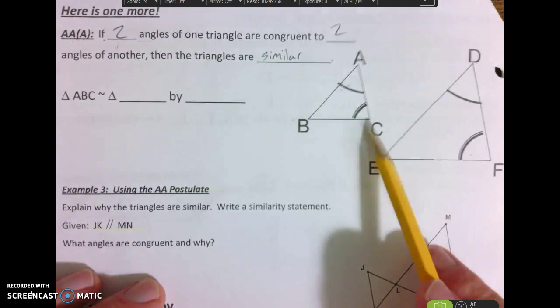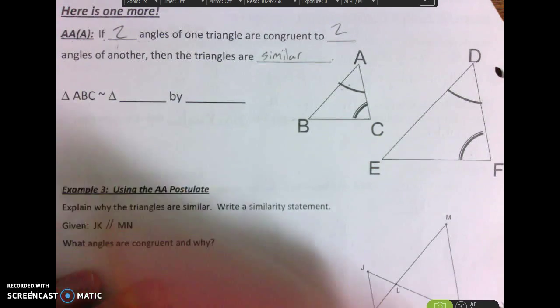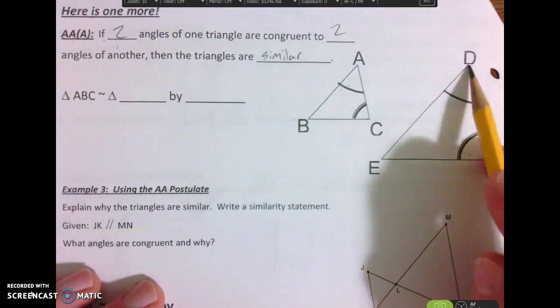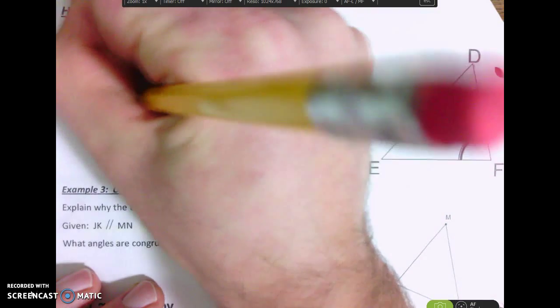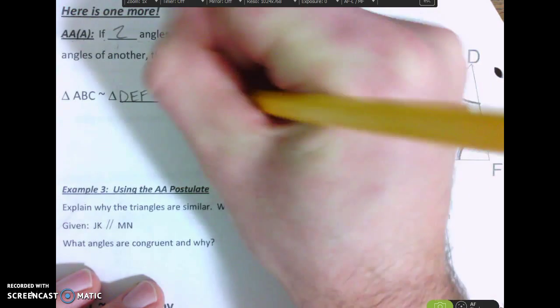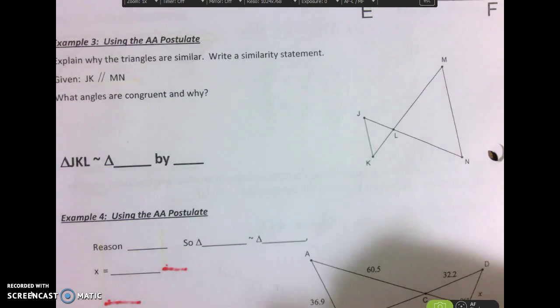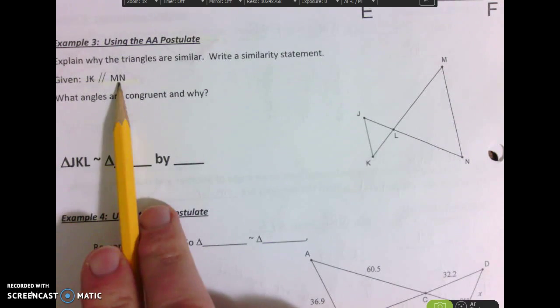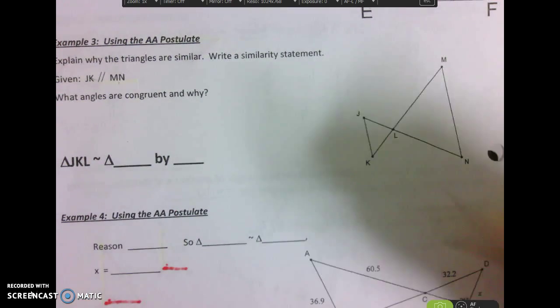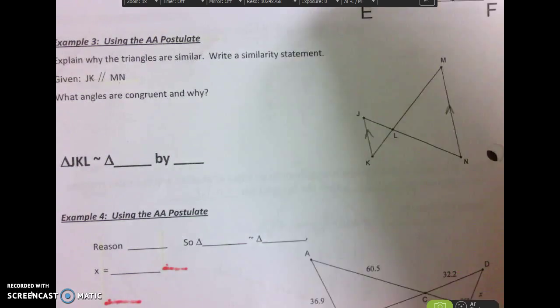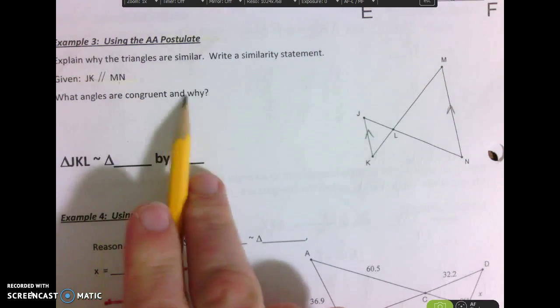So ABC is similar to triangle DEF by angle, angle. Okay? Now we're going to use the angle, angle postulate. Notice it says JK is parallel to MN. So I know this side is parallel to that side. This is what angles are congruent and why.